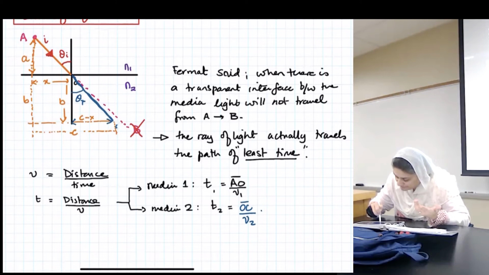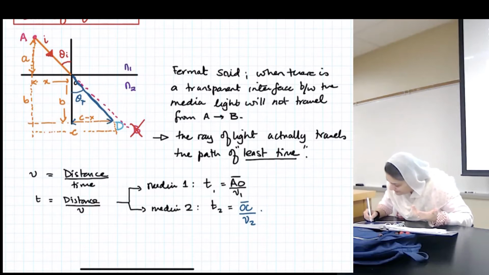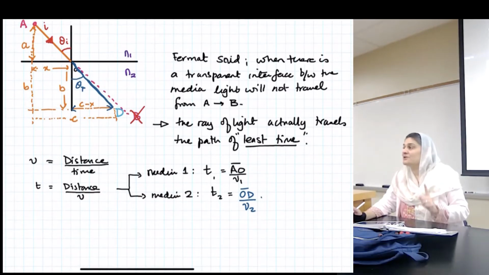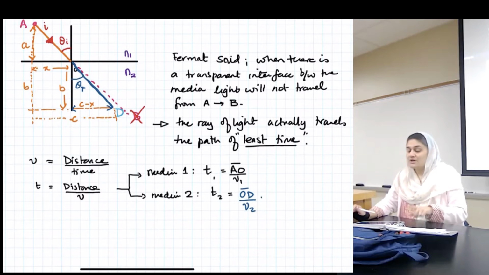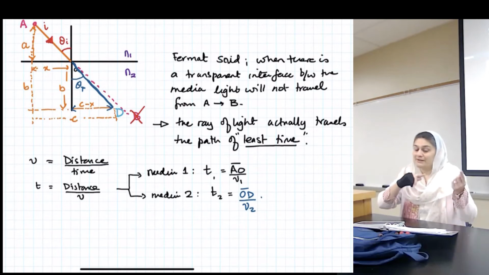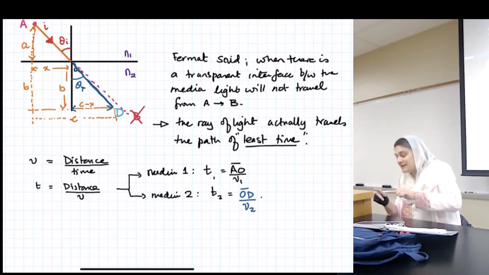D. You want to call it D? I'm going to call this point D. So then this will become OD. Does everybody understand how the times change between one and the other? Because we know the speed is going to change between one and the other medium, right? We know that.